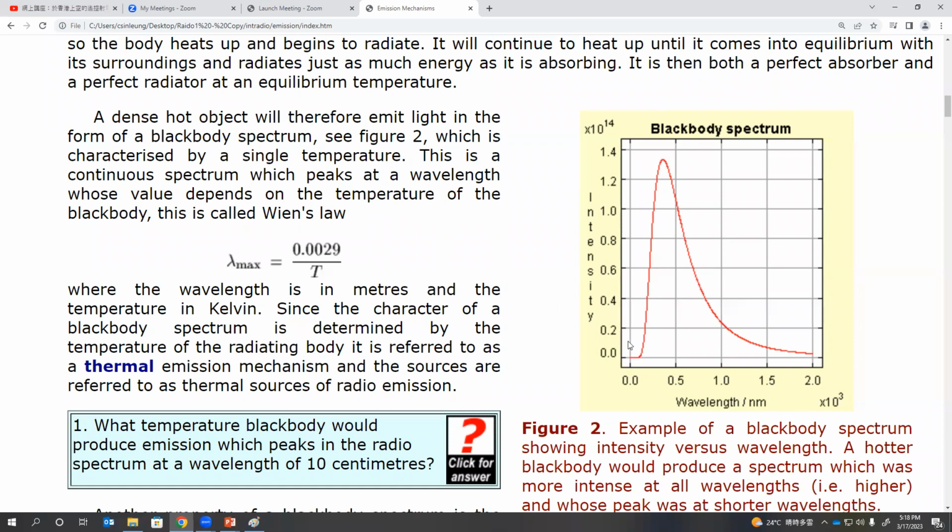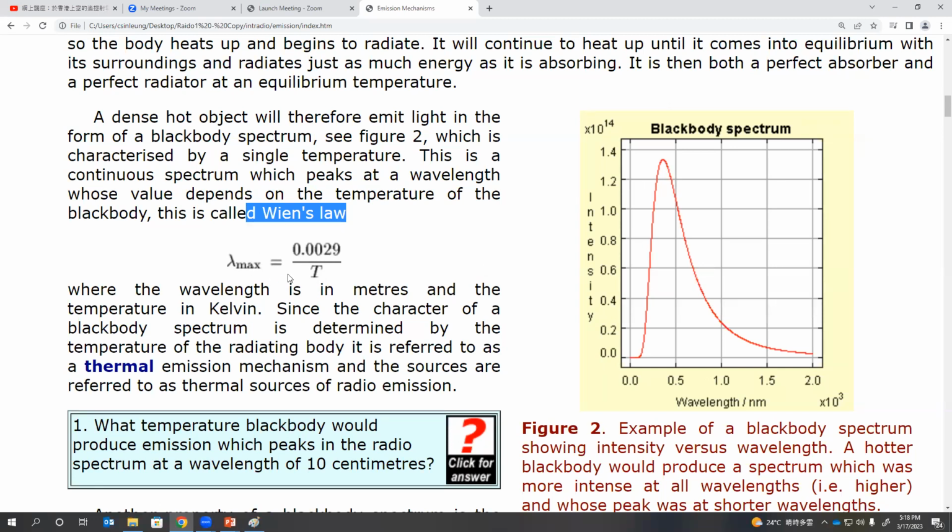And based on this blackbody spectrum, we can point out one interesting result, the so-called Wien's law. This is a continuum spectrum, and then we point out the peak wavelength.